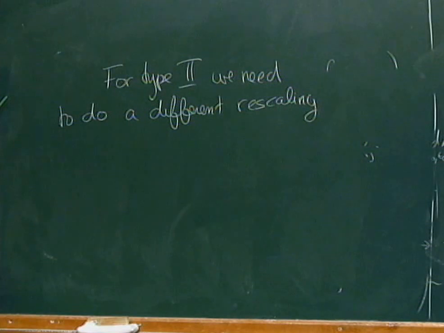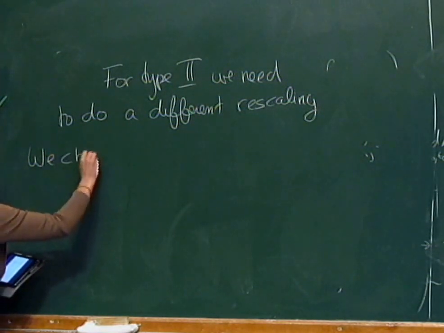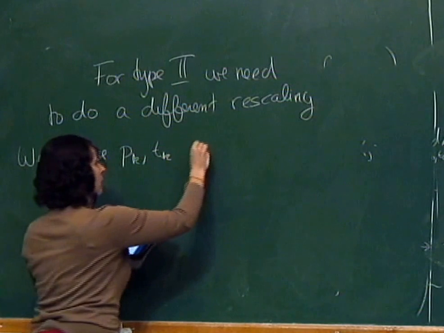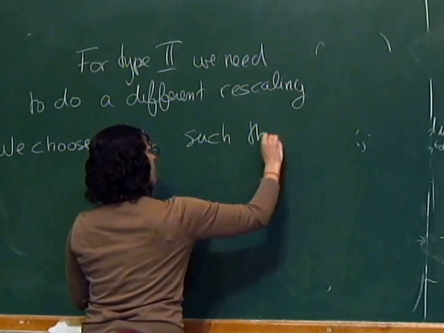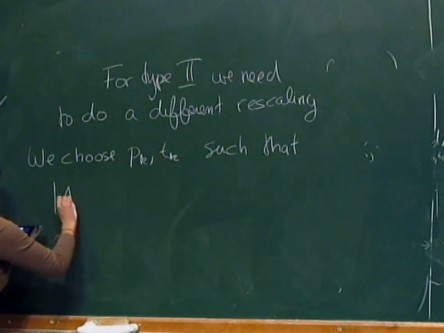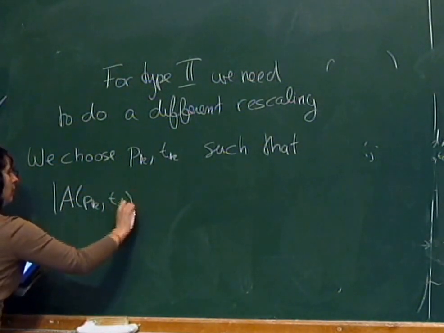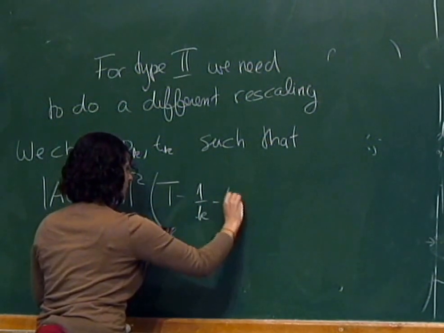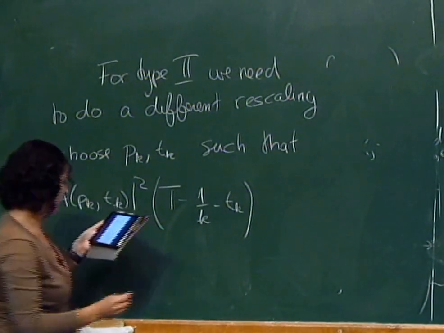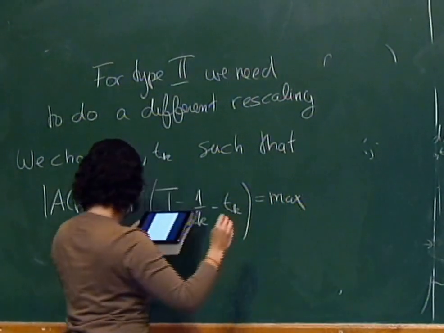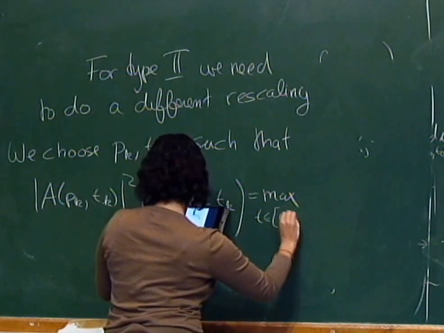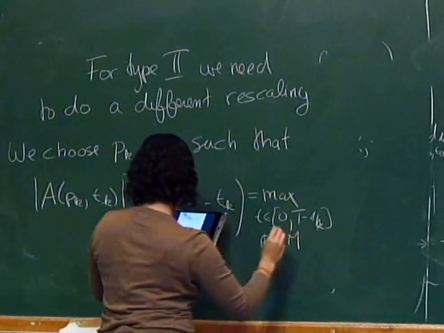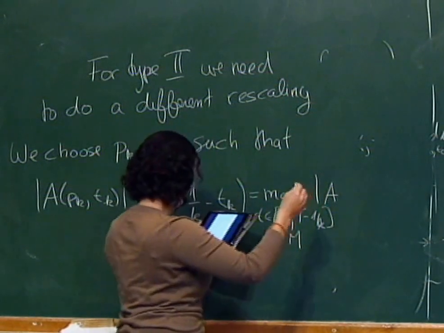So, okay, first we need to choose a sequence of p_k and t_k such that the second fundamental form at p_k, t_k squared is close to a singular time in principle, with p_k in M. I keep finding typos when I read this.